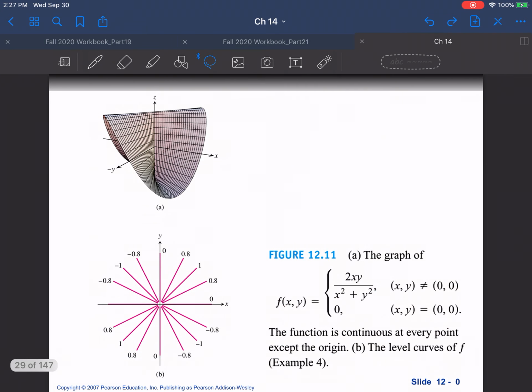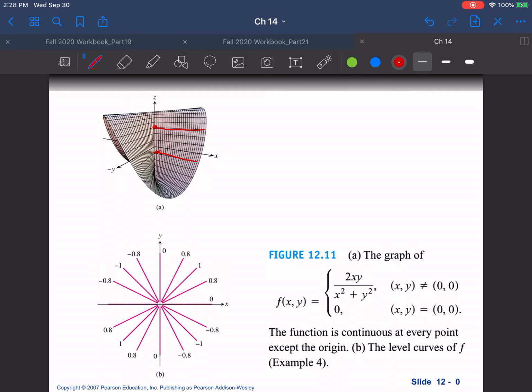Here you can see the picture where, as you go towards 0, 0 along different paths, you get different values. If I come along this path, I end up down here. If I come along this path, I end up here. So I have different limits for getting to x and y both 0, 0.